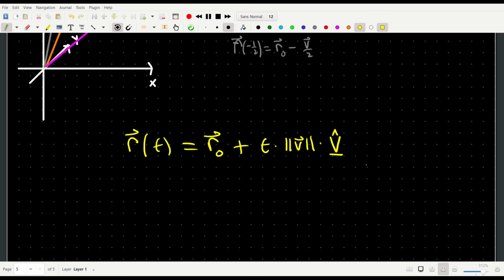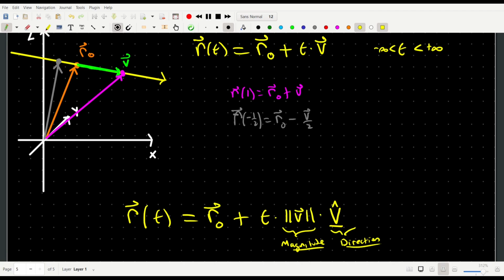So this is a very neat idea because it essentially says that we can decompose motion along the line into two separate parts: the magnitude of what's called the velocity and the direction of the velocity. This is an important idea that we'll end up seeing as very important.